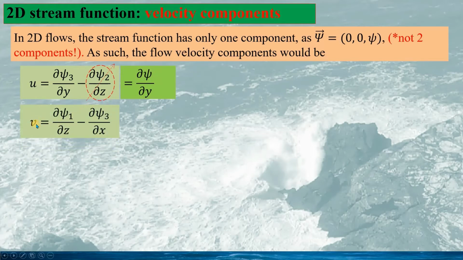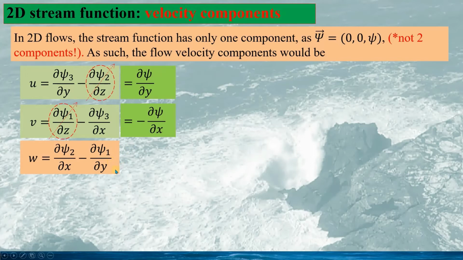Similarly, the velocity component v is calculated as this, and psi1 is 0 in the 2D case. Therefore, we have the expression for the velocity component u by the differentiation of psi with regard to x.